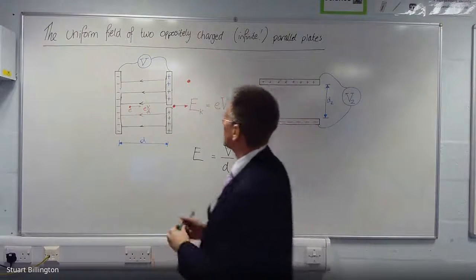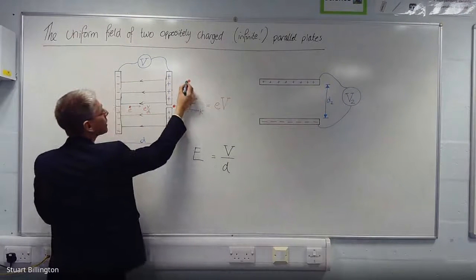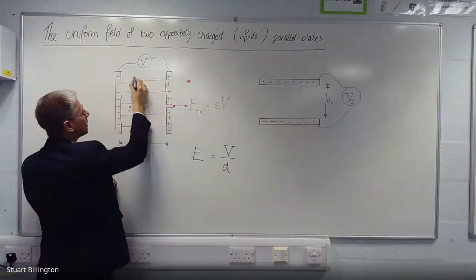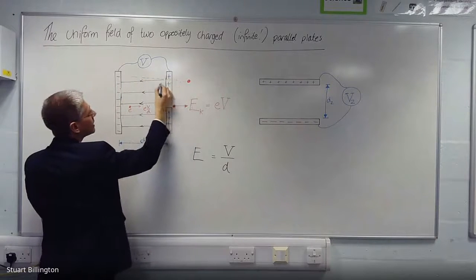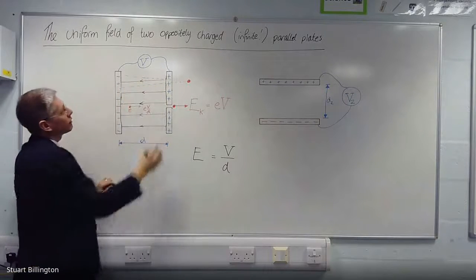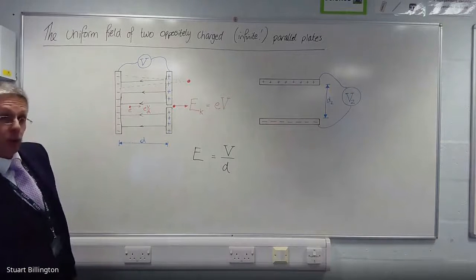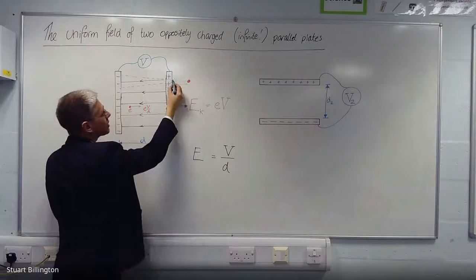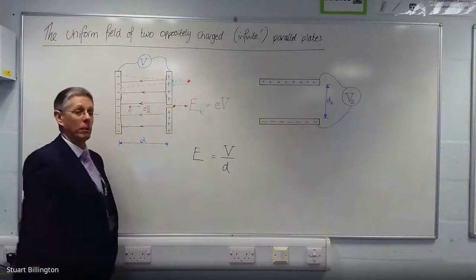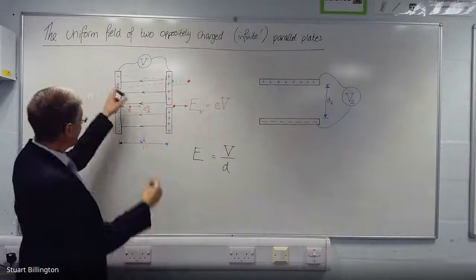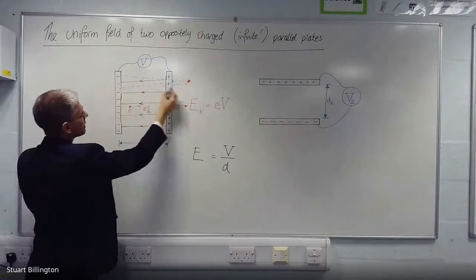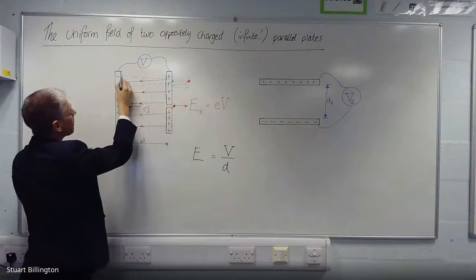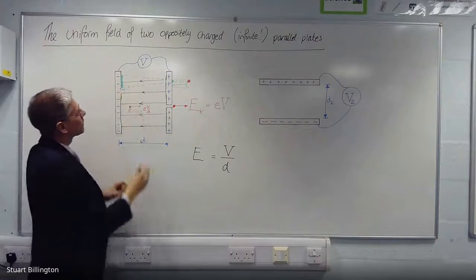But no, same game as before. We can draw ourselves a little cone, and we can integrate across this cone of force. And yeah, it's really close to these positive charges, but there aren't very many of them. And yeah, it's a very long way from these negative charges, but there are loads of them.